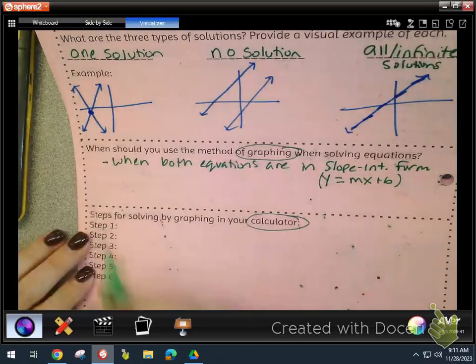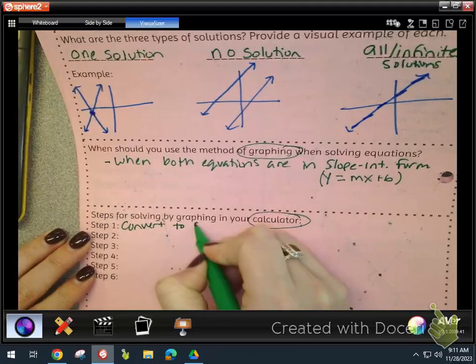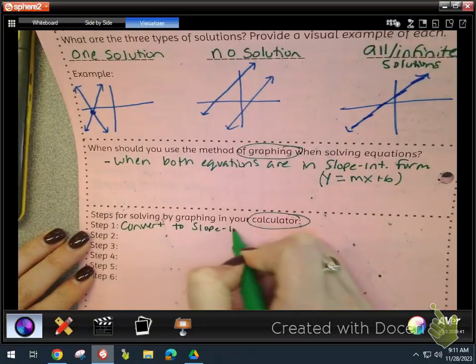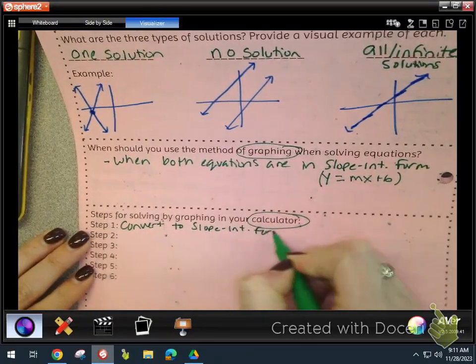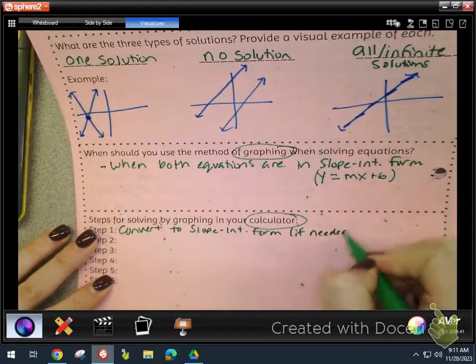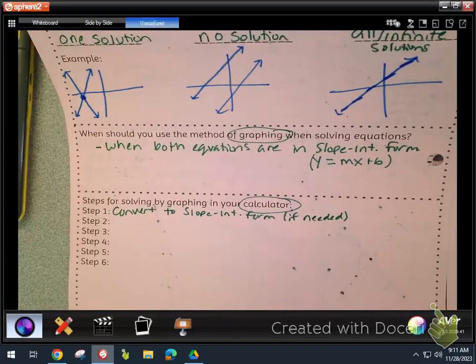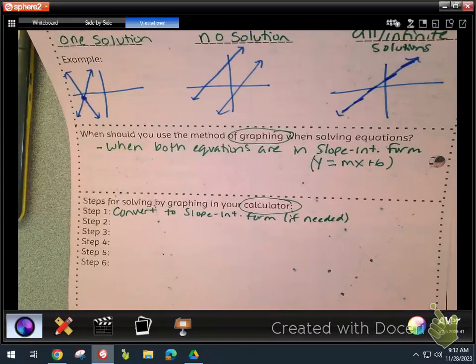So the first step was to convert to slope-intercept form, if needed. I'm going to put that in parentheses, if needed. You may not need to do that if you're doing graphing. Hopefully it's already like that.